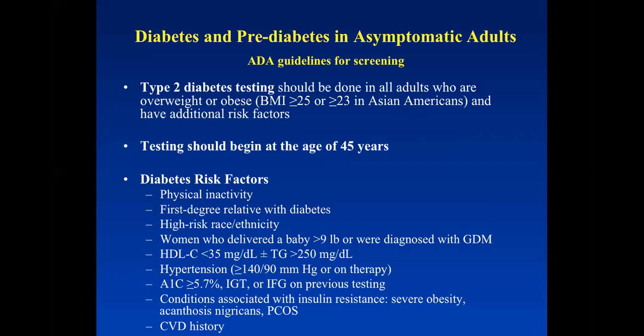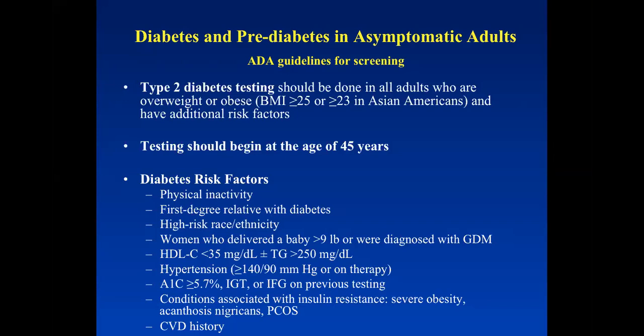testing for type 2 diabetes should be done in all adults who are overweight or obese, that is BMI more than or equal to 25 in white Americans, or more than or equal to 23 in Asian Americans. They have lowered the cutoff for Asian Americans because Asians are at higher risk of developing diabetes than whites.